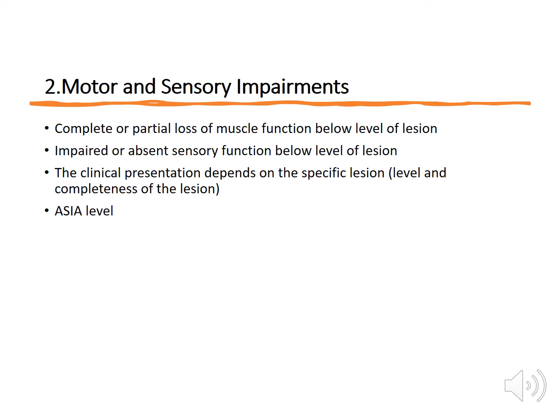The clinical presentation, once again, depends on the specific lesion. It also has to do with the level of the lesion as well as if it's a complete or incomplete lesion. And this is where the ASIA scale comes in to classify that patient's spinal cord injury.